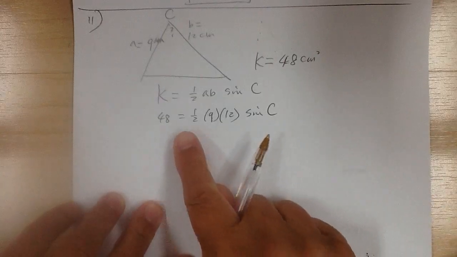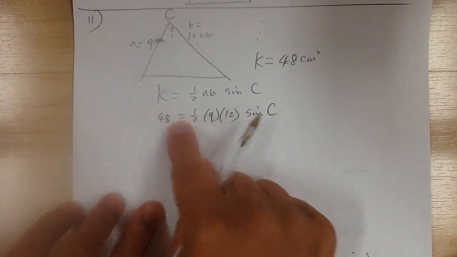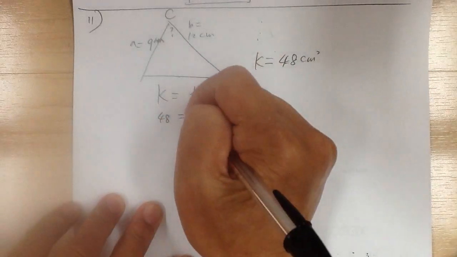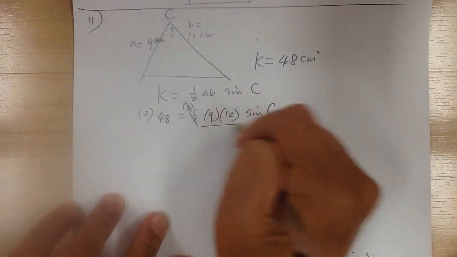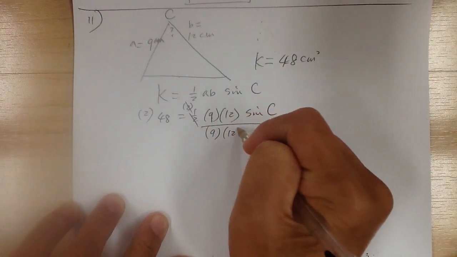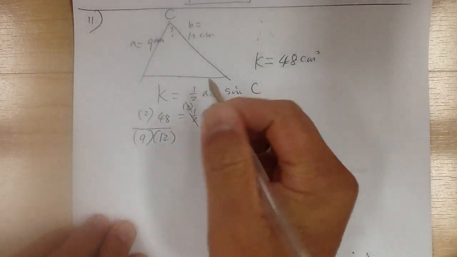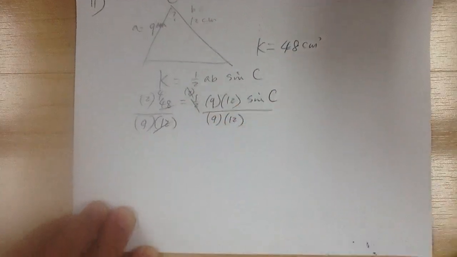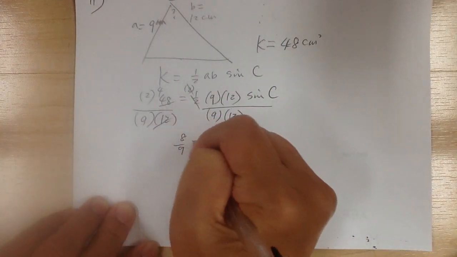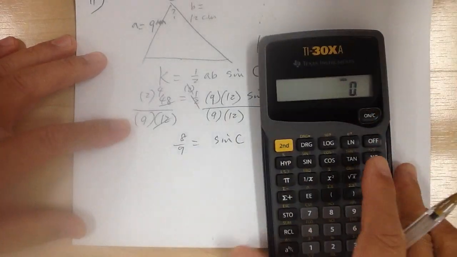And so first, let's go and multiply by 2. Okay, so this will cancel out. And then I'm going to divide by 9, divide by 12. Okay, so this and this cancel out. So 8/9 equal to sine of C. Okay, so get calculator.